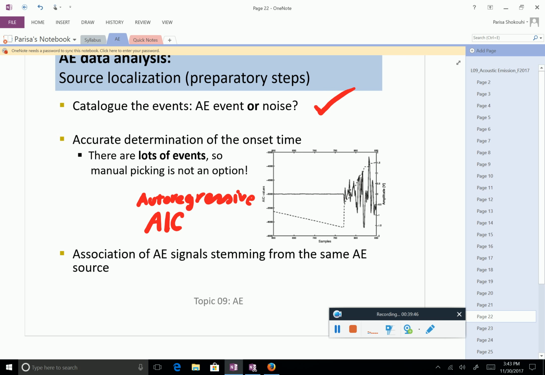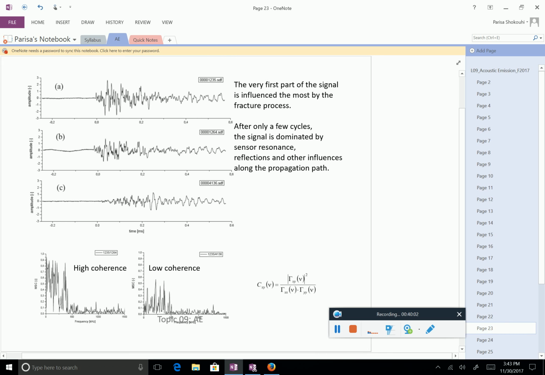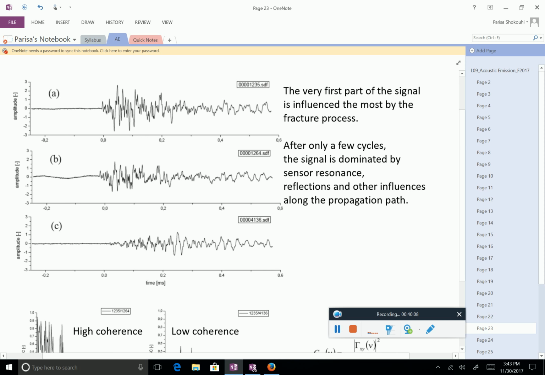Was it the same crack, which appears like this here, there, and so on? You can look at the onset times. That's one way, but it's not very easy to execute.